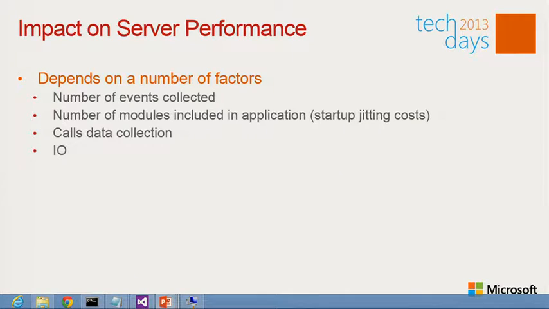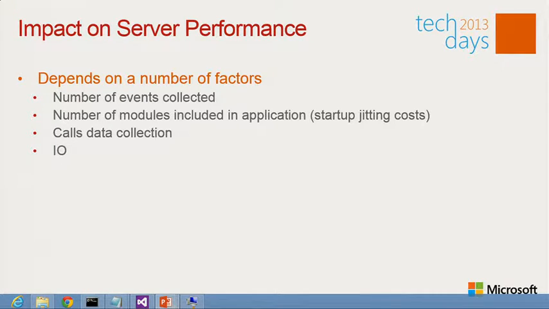The number of modules included in the application also has an impact because they do have to, at least on startup, JIT all of those modules. And finally, the I/O performance, since you are writing this to disk as a log, your I/O can make a difference.